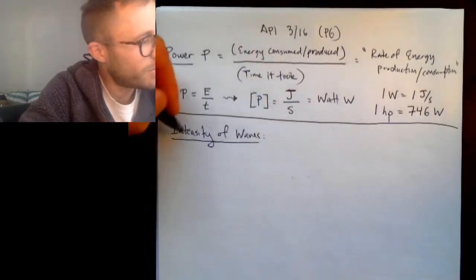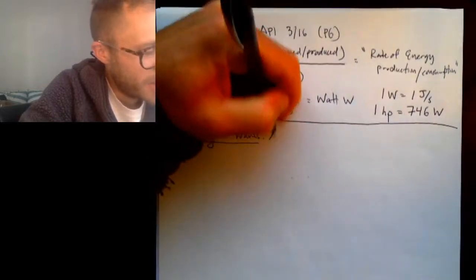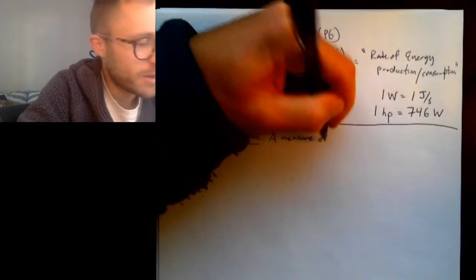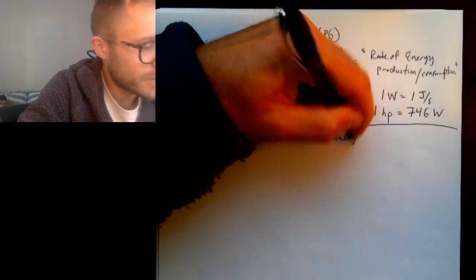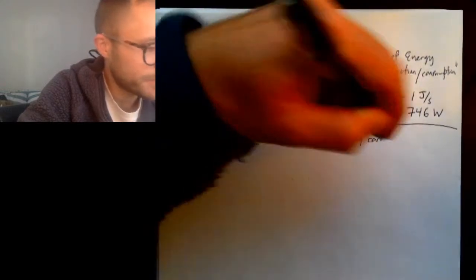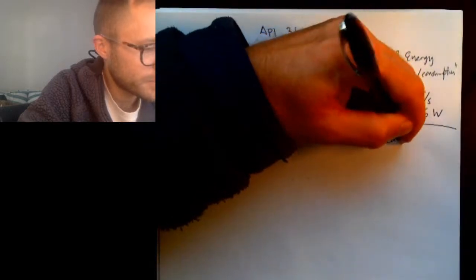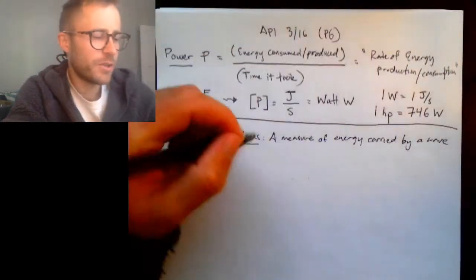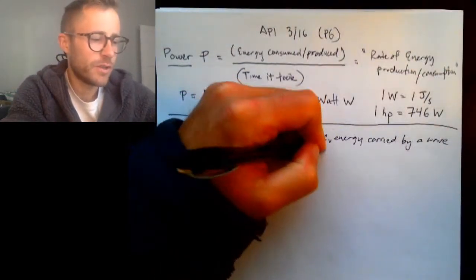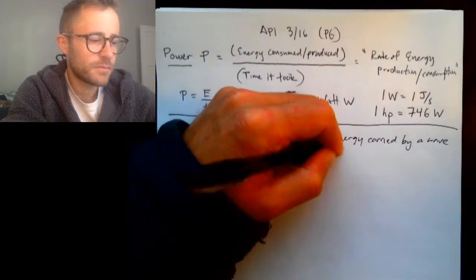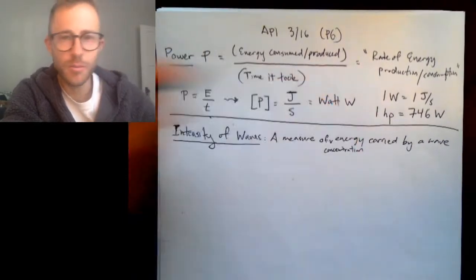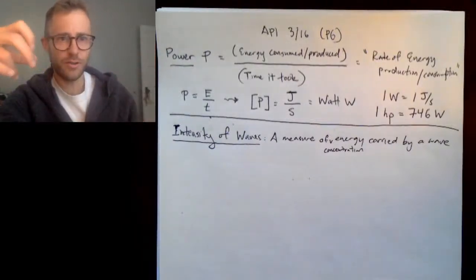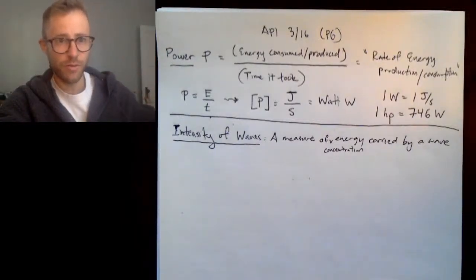The intensity of waves is a measure of the energy carried by a wave. I should say it's a measure of the concentration of energy carried by a wave. How condensed is that energy, or is it spread out over a large volume?